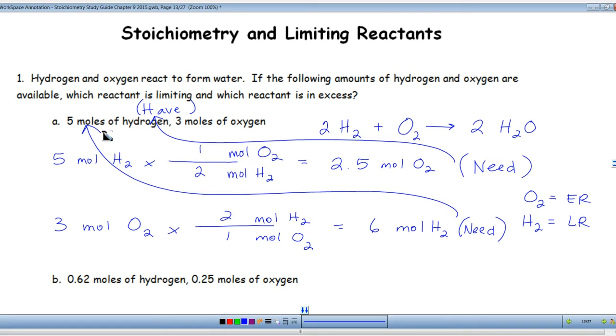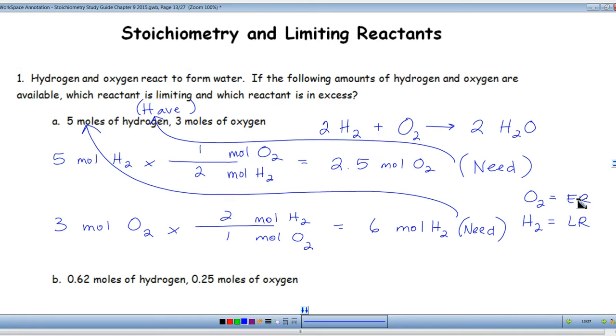We need 6, we only have 5. We don't have enough. That's your limiting reactant. When you use up those 5 moles of hydrogen, the reaction is going to stop. And so if I had picked the oxygen and found that my hydrogen was the limiting reactant, then by process of elimination, oxygen is in excess.